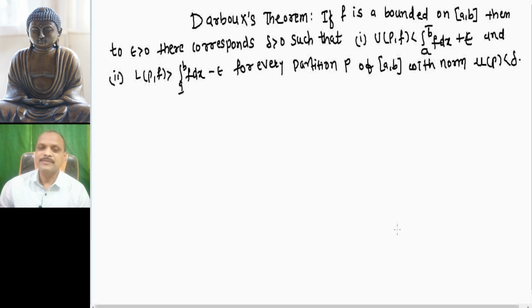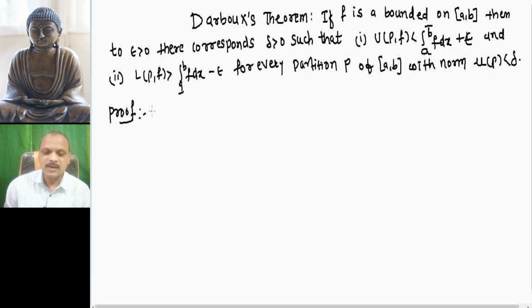The very first line of this theorem shows that the function is bounded. The function must be bounded. So we assume that the function is bounded and the upper bound of this function is k.